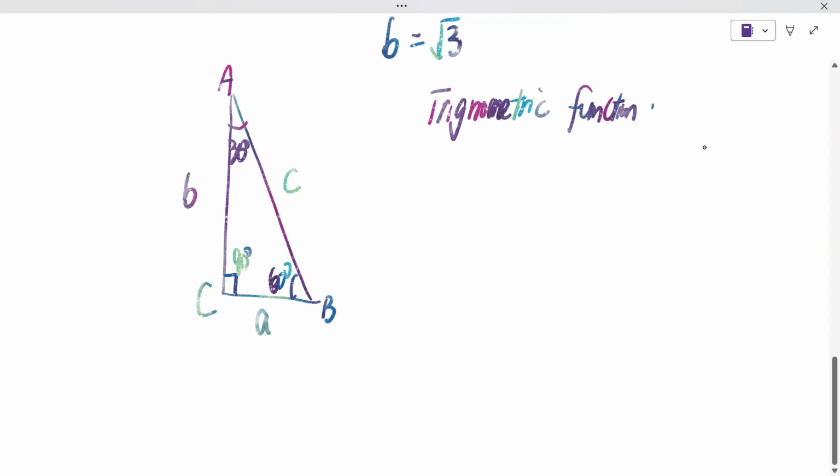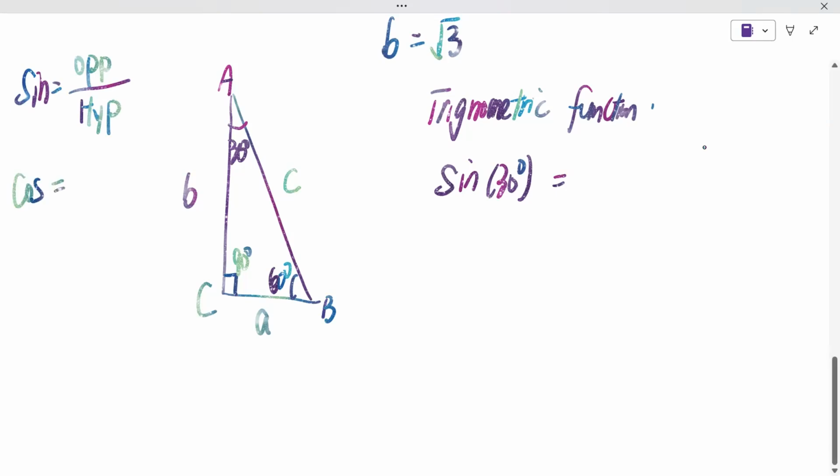So if you look at it, sine 30 degrees, in this case, is going to be the opposite. Sine is opposite over hypotenuse. And then cosine is adjacent over hypotenuse. And then tangent is opposite over adjacent.